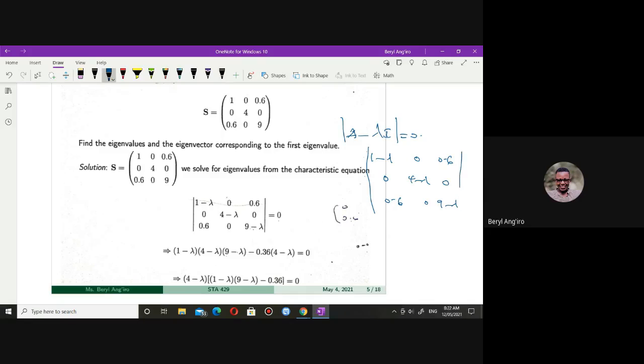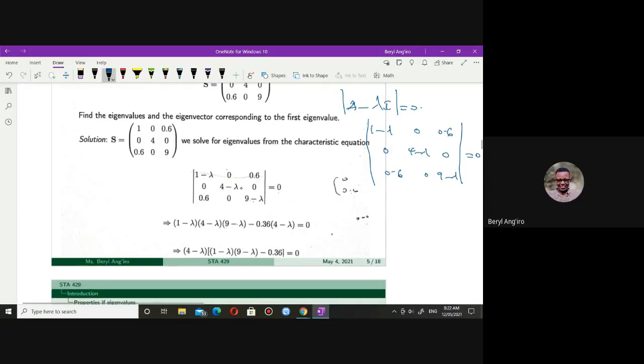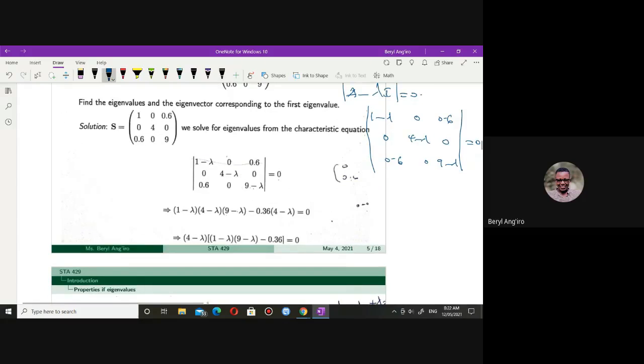So we solve this characteristic equation, equated to the 0 matrix. Solving this will give us the eigenvalues of this matrix. So to do this, we have the determinant of this matrix.